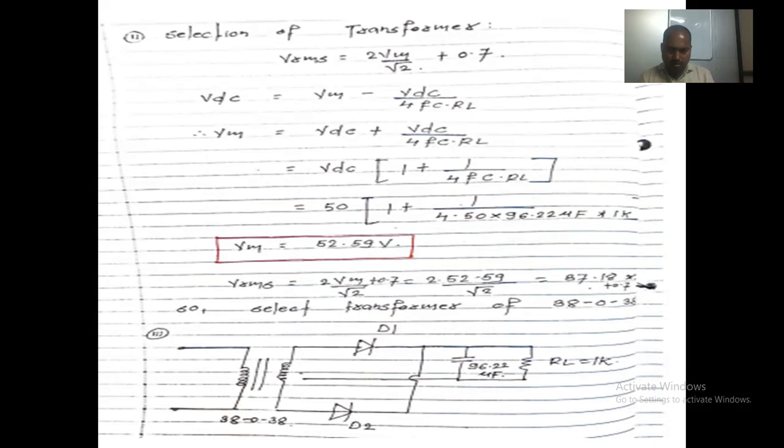See, 52.59. 52.59 into 2, divided by root 2. 74.37. Okay, plus 0.7. 75.07. Okay.